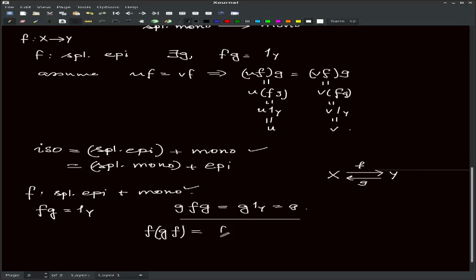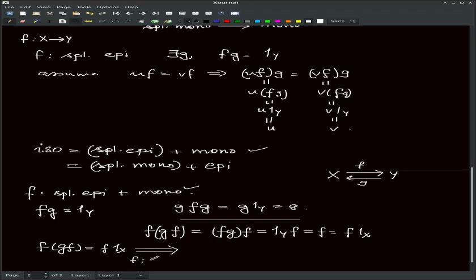So this is the same as FGF, but FG is 1Y. So this is F, but I can again write this as F1X. So the situation is FGF is equal to F1X, but F is a mono.